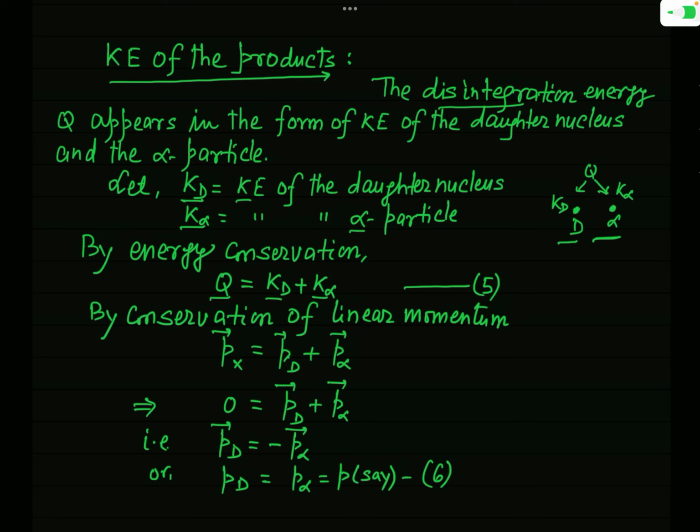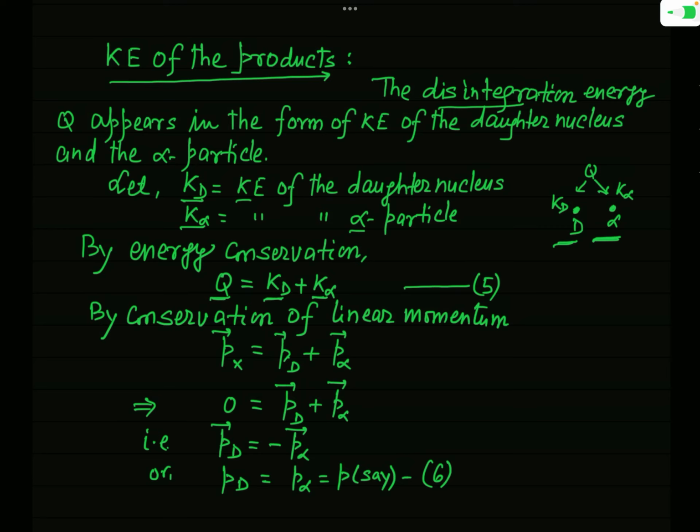This is a very simple fact because when you add these two parts of energy, Kd and K alpha, you get simply Q.